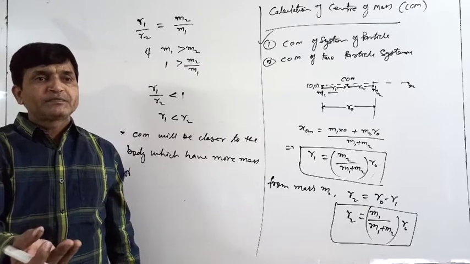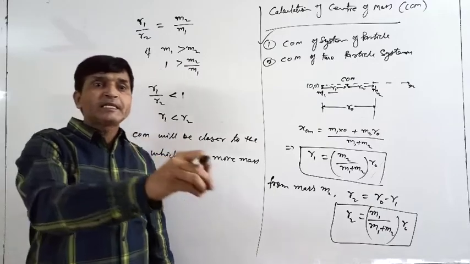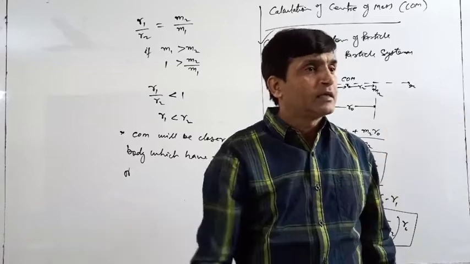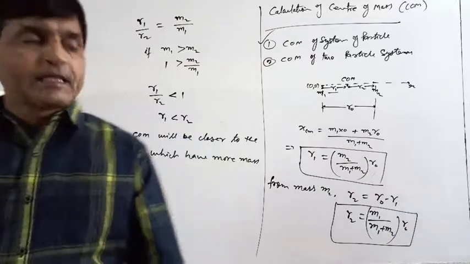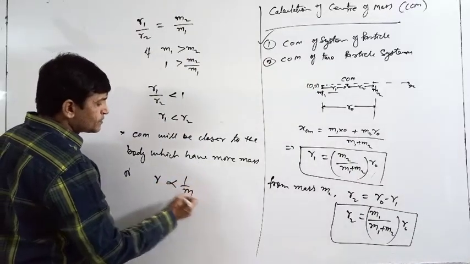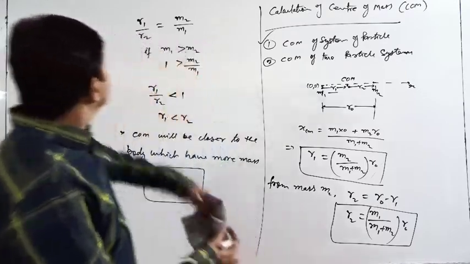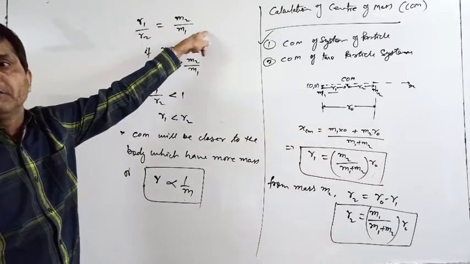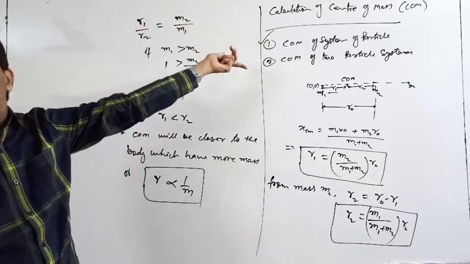If mass is less, the center of mass position will be more. It means mass and position of center of mass from that mass are reciprocal: one is increasing, the other is decreasing. So we can say R is proportional to 1 by M. Just like here, M1 R1 is equal to M2 R2, which is constant. So R is proportional to 1 by M.